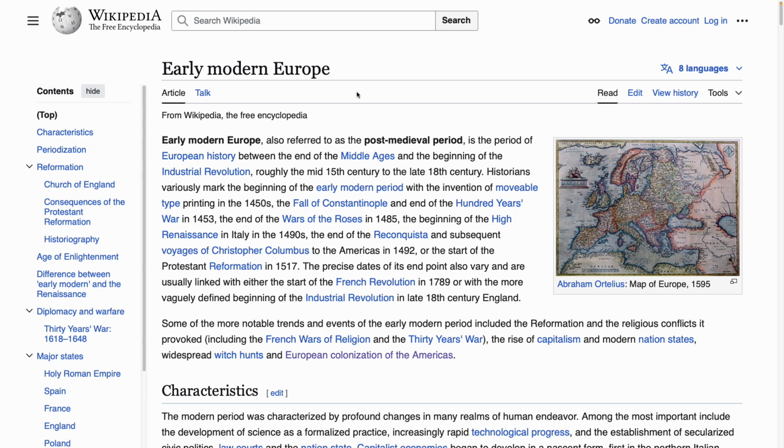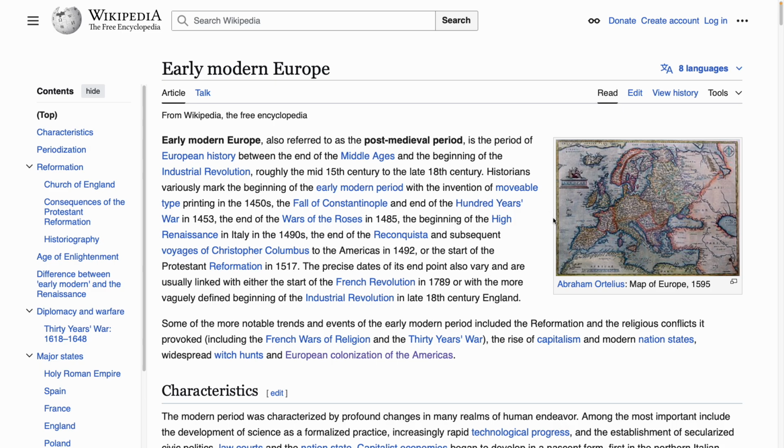Some of the more notable trends and events of the early modern period include the Reformation and the religious conflicts it provoked, including the French Wars of Religion and the 30 Years' War, the rise of capitalism and modern nation states, widespread witch hunts, and European colonization of the Americas. Okay.